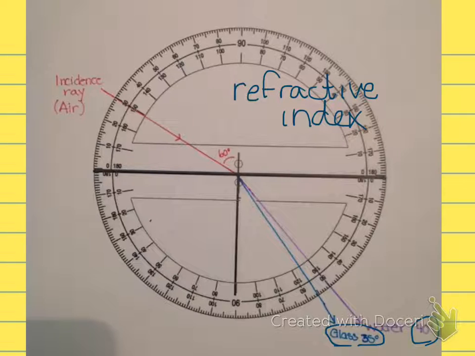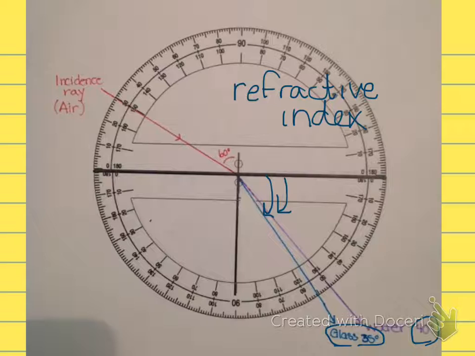That determines how much light is going to bend depending on the type of material. So the refractive index for glass is greater than the refractive index of water, so it causes the light to bend more in glass than it does in water.